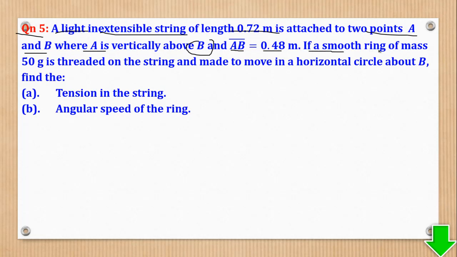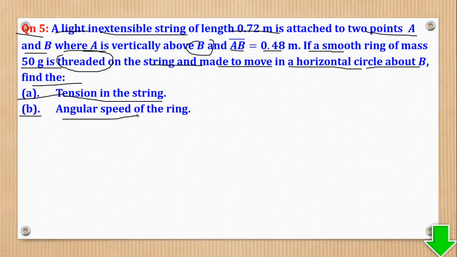If a smooth ring of mass 50 grams is threaded on the string and made to move in a horizontal circle about B, find Roman 1 the tension in the string, and Roman 2 the angular speed of the ring.